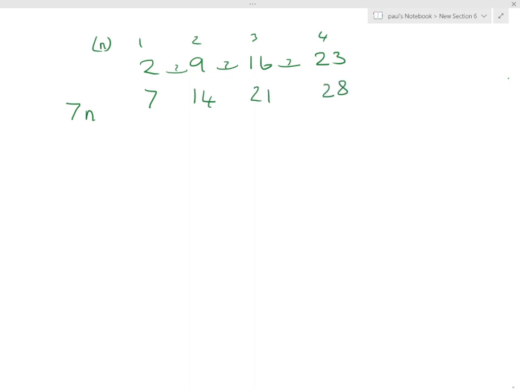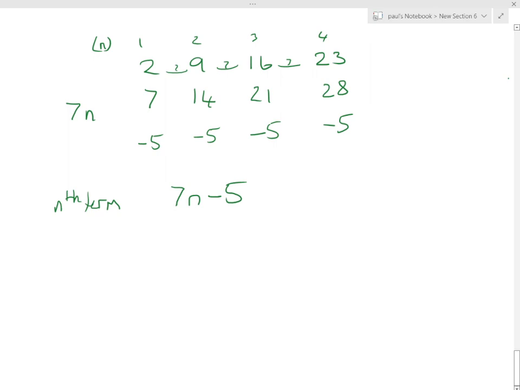Subtract. 2 minus 7 is minus 5. Minus 5, minus 5, minus 5. So there, our nth term is going to be the combination of these two, which is 7n minus 5.